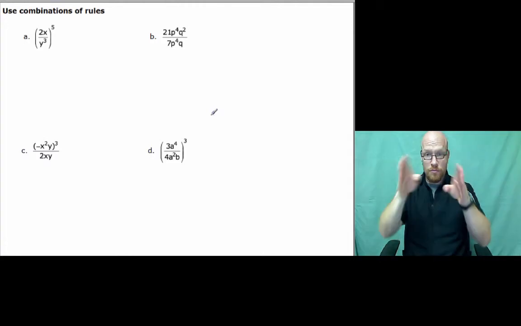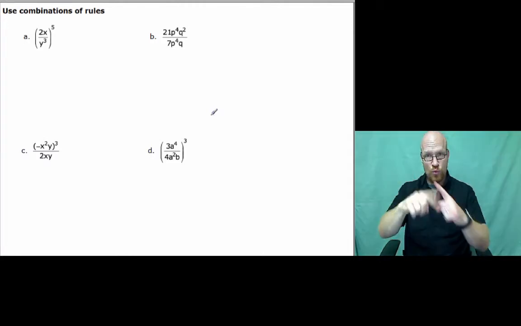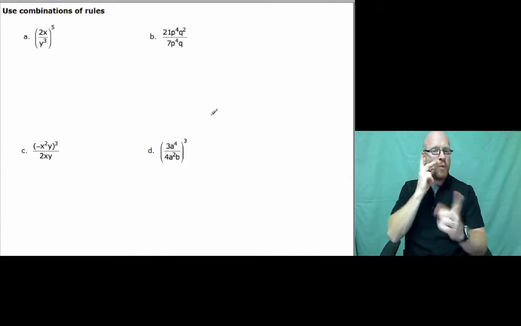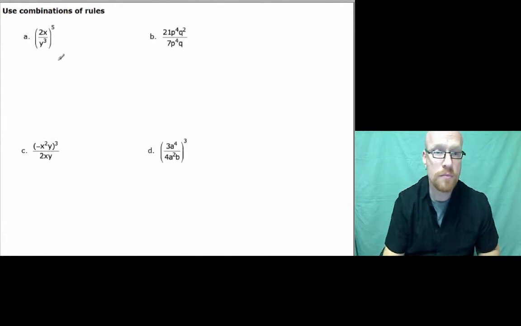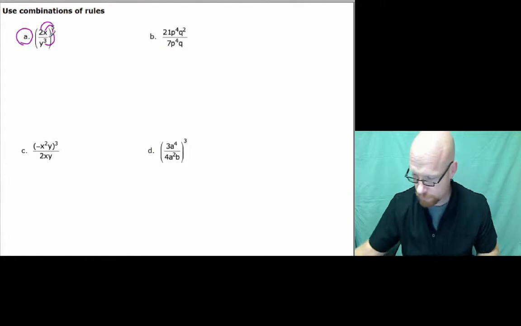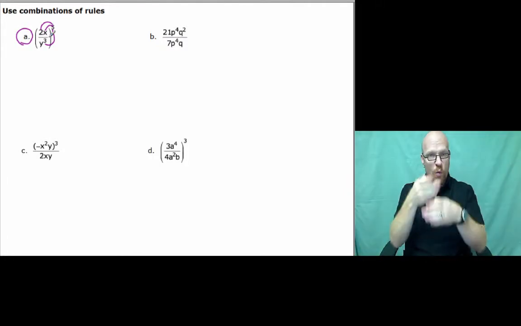Then we have a quotient, the power to a quotient, or a quotient to a power rule. We would move the power into the parentheses. So here, as we see, we have a parentheses, it's a quotient.